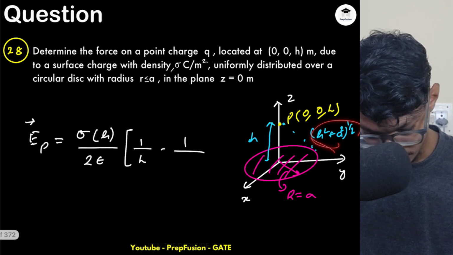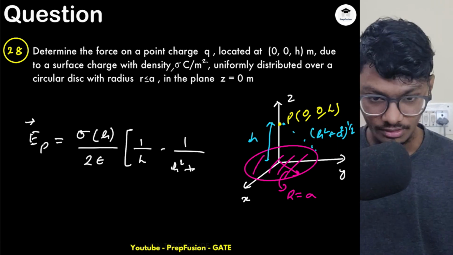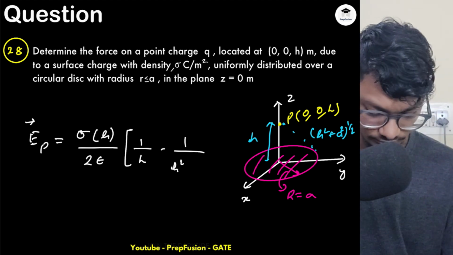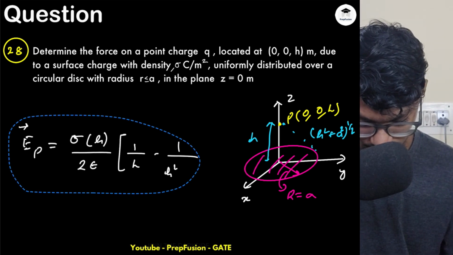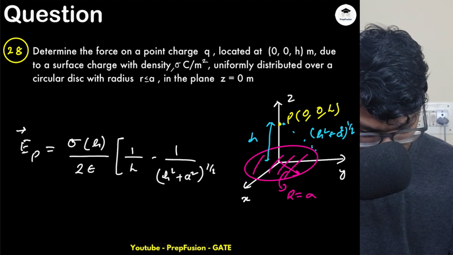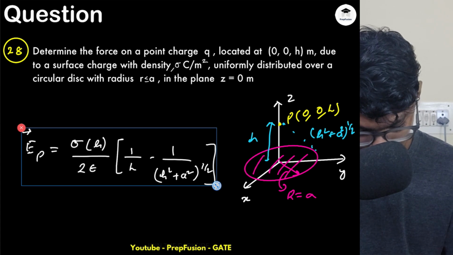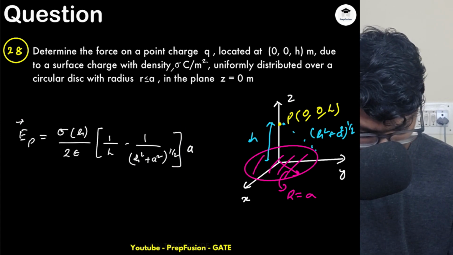This distance is under root h square plus h square plus a square. In what direction? Can you tell me in what direction? This is in the plus az cap direction, right?